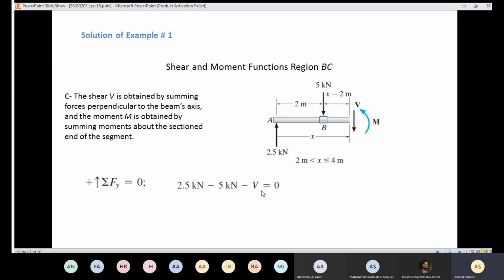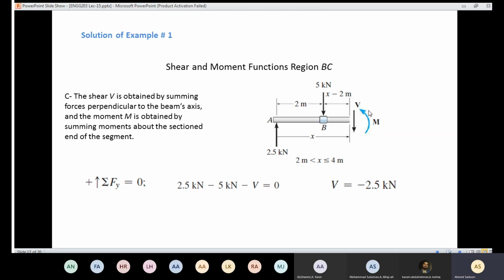I have one equation. I can solve for V. V came out to be minus 2.5, which means that since the value does not have anything to do with x, the value is constant, and the value for all of this region is going to be minus 2.5. So in the region between 2 and 4, the shear is going to be minus 2.5 kilonewtons.